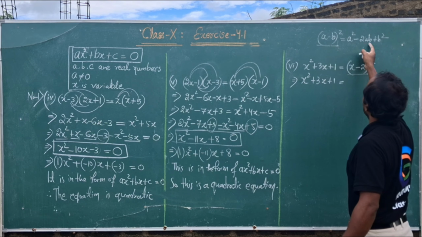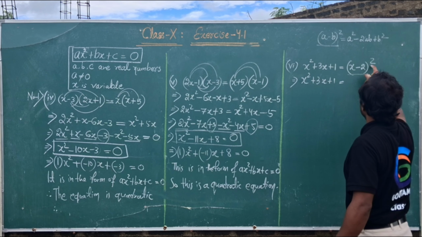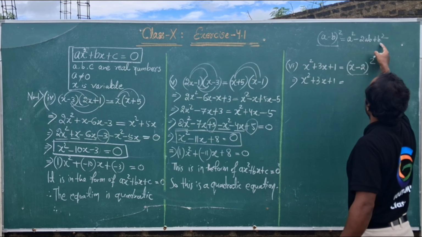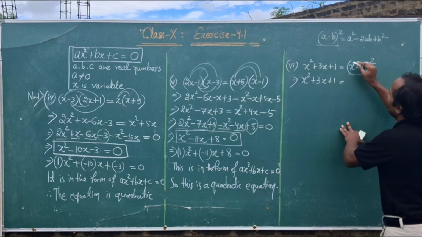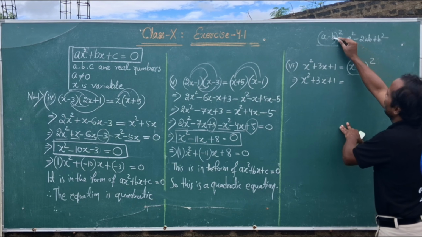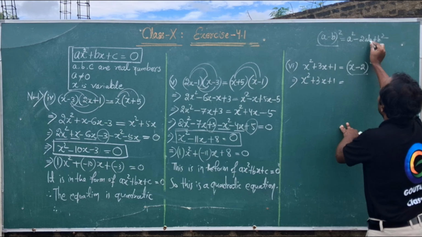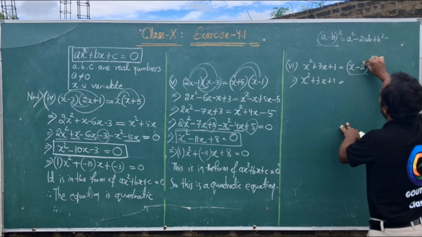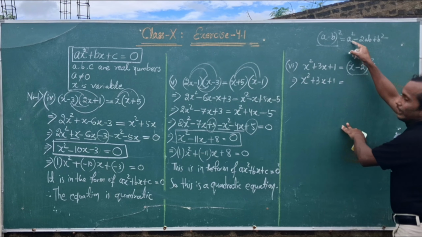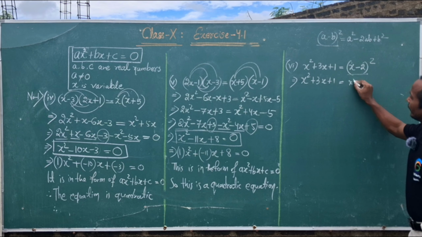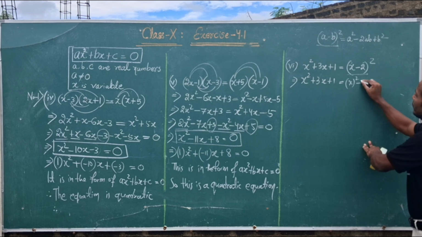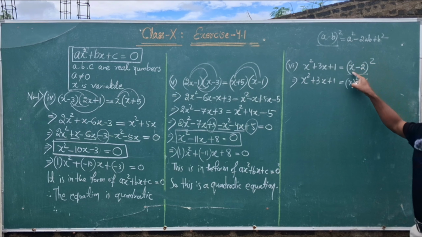So we will write the right hand side here. In place of x minus 2 whole square, we will try to write this form. Is that clear? In place of a we have x, in place of b we have 2. Now I will write a square minus 2ab plus b square, taking x as a and 2 as b. So a square means square of x, minus 2ab. Who is a? As I said, x.